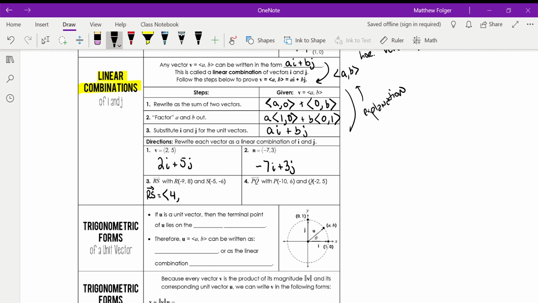Negative 6 minus 8 is negative 14. So now you can write it as 4i minus 14j. It's plus negative 14j, which you can just write minus 14j. So if you're given it like number 3, you just have to do the component form first and then do this.